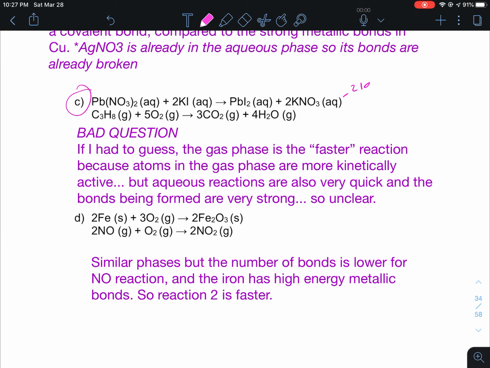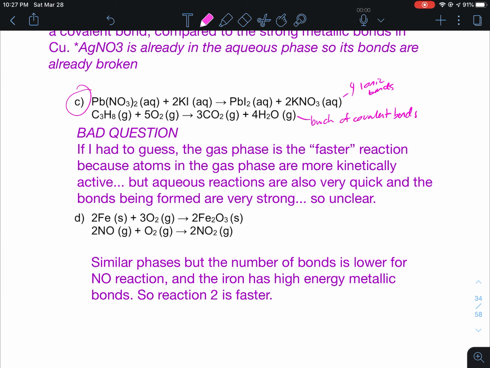So we got 2 ionic bonds. I guess 4 ionic bonds in total. Here we have 3 and 5. We got a bunch, let's just call it a bunch, of covalent bonds.